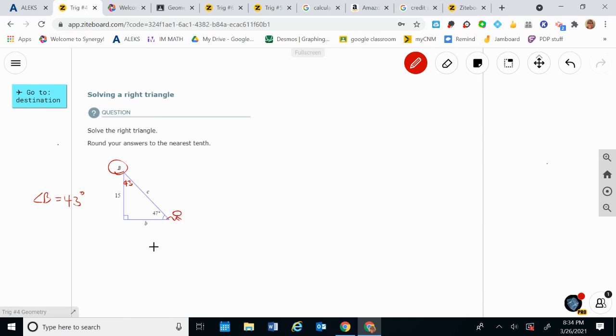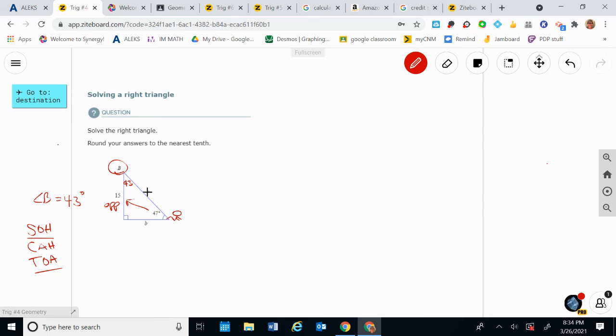I'm going to go opposite. I have the opposite. So ka, toa. The two that have opposite are sine and tangent.